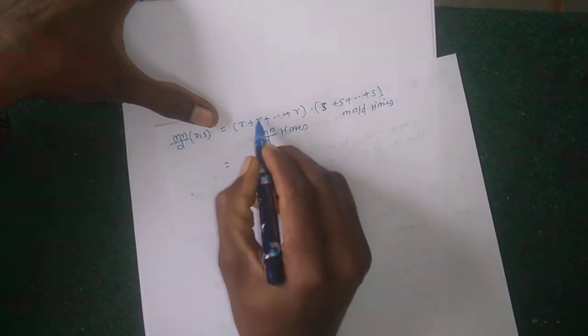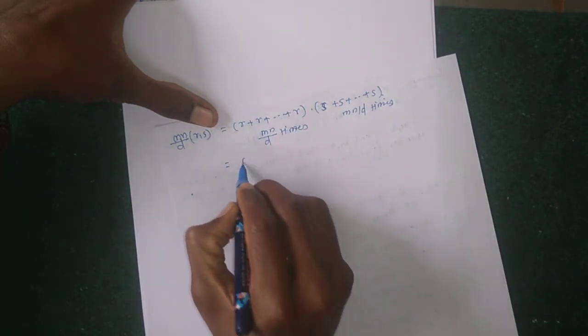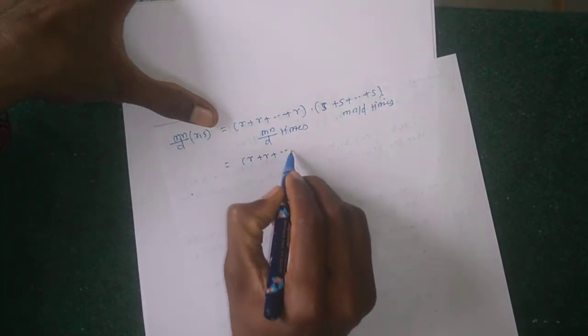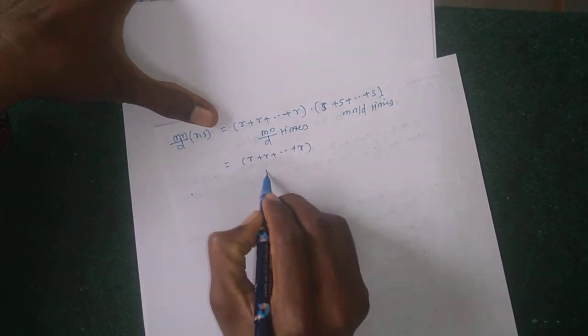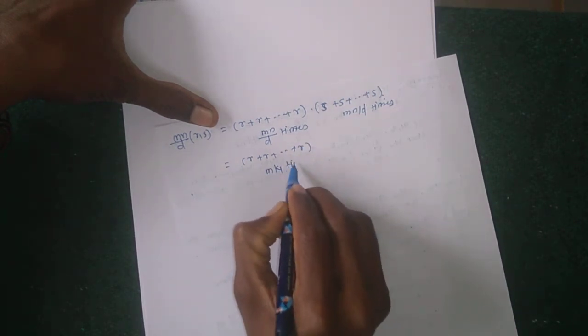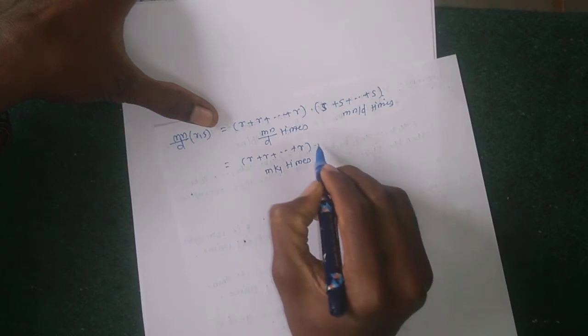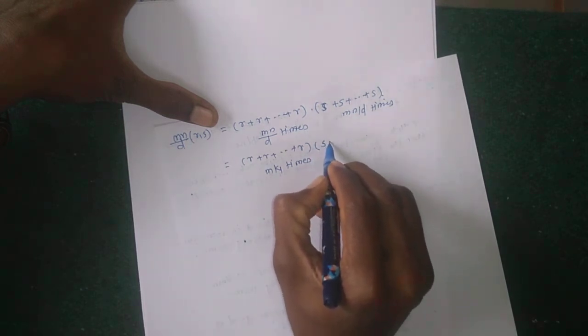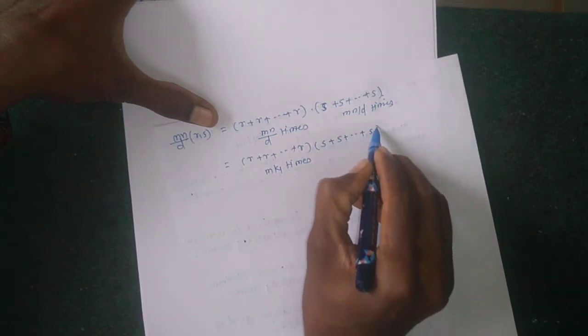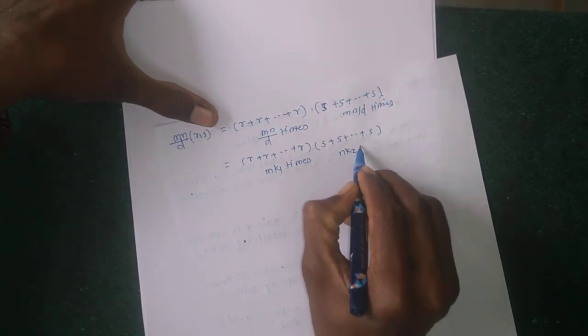Which can be written in the form of R plus so on R, which is mk1 times, and this is S plus up to so on S, which is nk2 times.